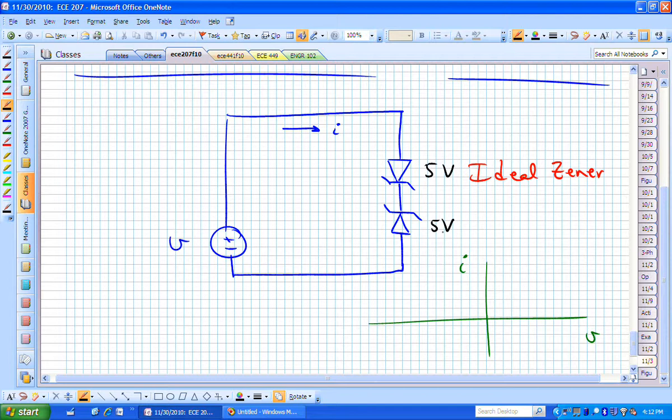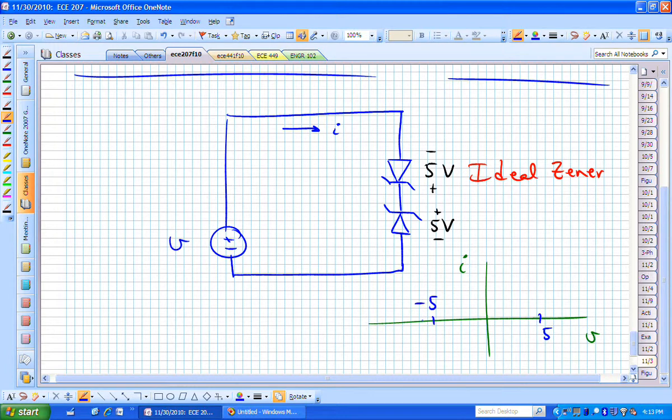So this one is positive negative. If we bias that one in that direction, it would start to conduct. And this one now is positive negative in that direction for the 5 volts. Suppose that this V is now, let's say here's 5 and here's minus 5.